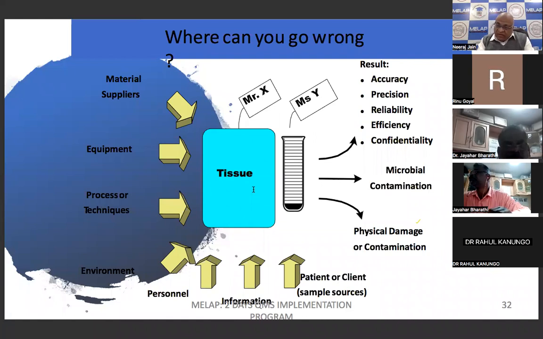What is the clause related to competence? 6.2.1.